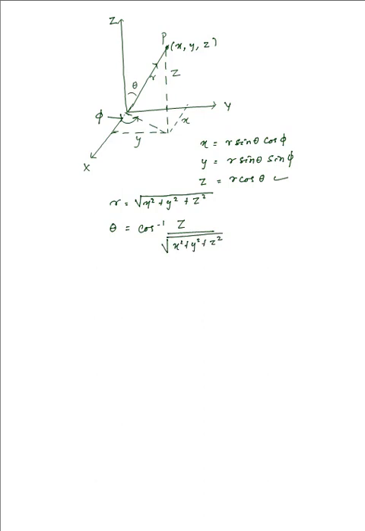And the azimuthal angle, that is, this is the polar, this is the azimuth, the azimuthal angle phi is equal to tan inverse of y over x.